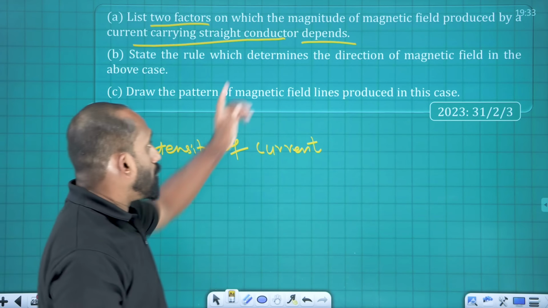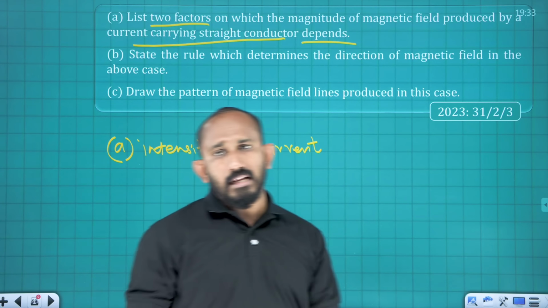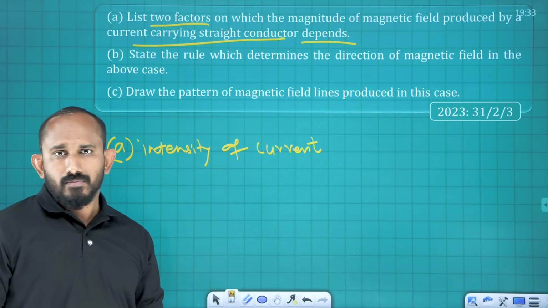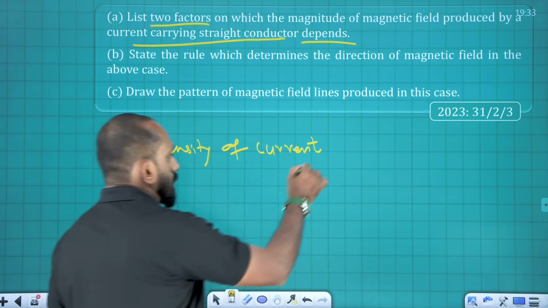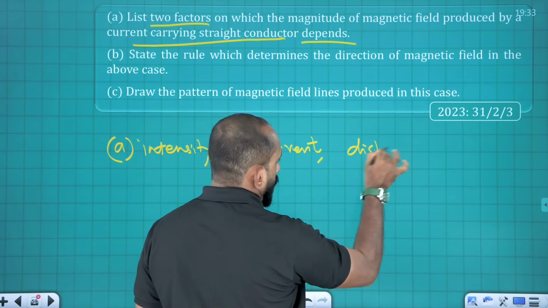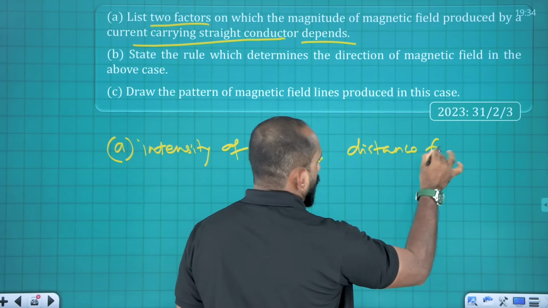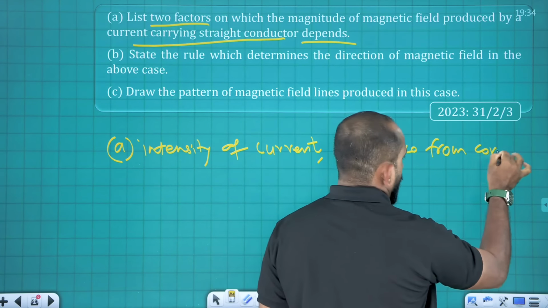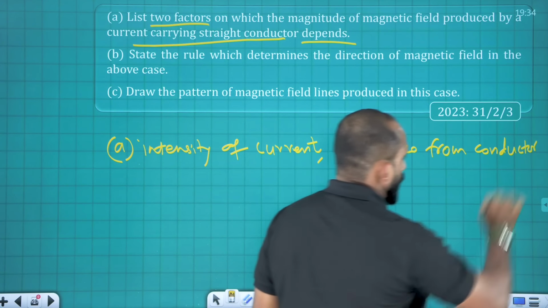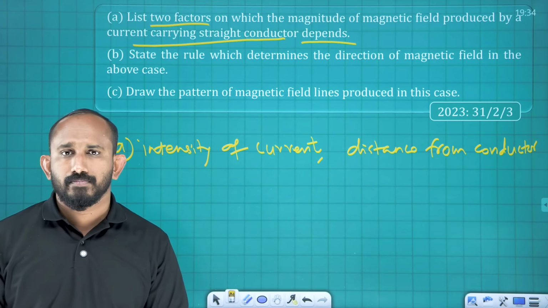On that basis, the magnitude of the magnetic field will increase. You got it? Then the distance from the conductor. These are the two factors you can say.